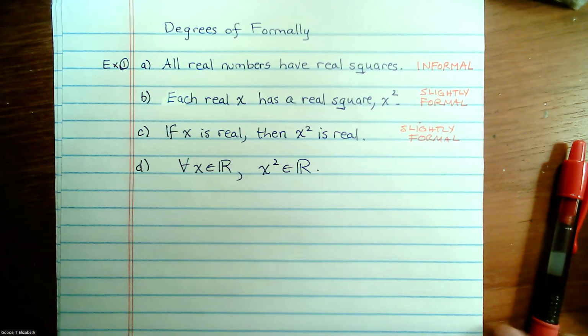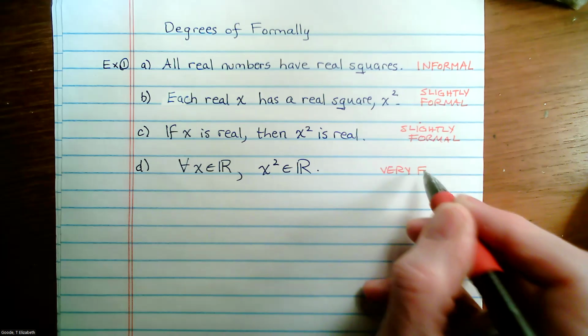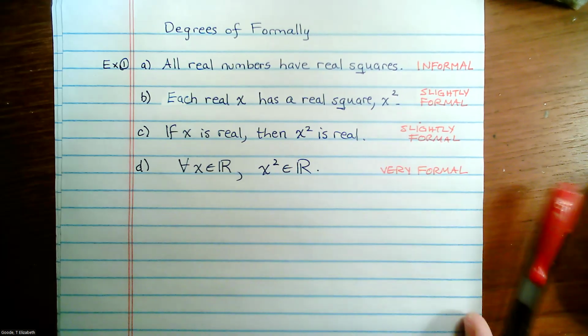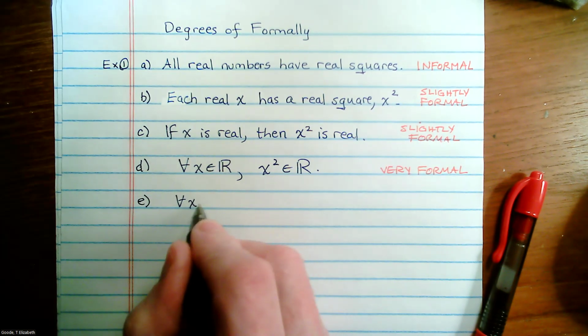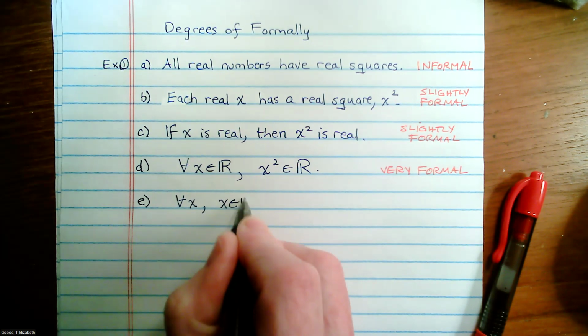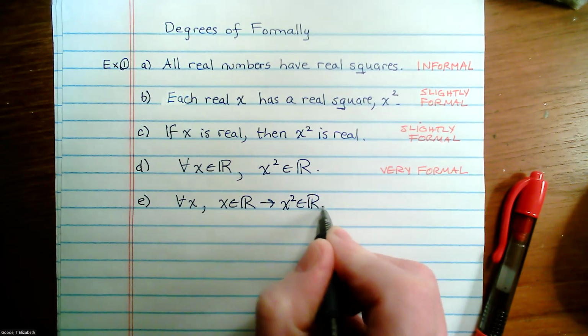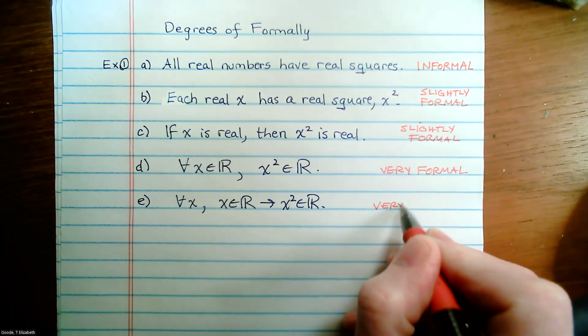So now we're very formal. We don't have any words at all, really. Or we could write it like this: for all X, X in the reals implies X squared is in the reals. That's very formal.